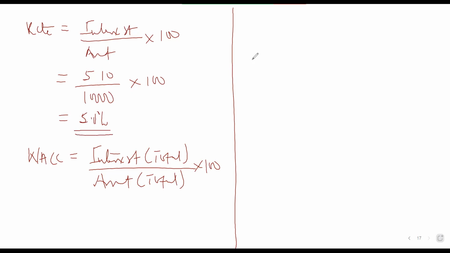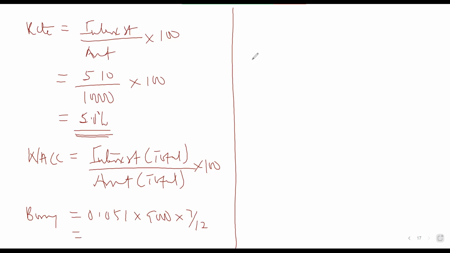So the WACC, the interest rate, is now 5.1. But how much was used on the warehouse? 9 million. So if we want to pay interest on the 9 million, the interest will be 0.051 times 9,000 times 7/12, because this was used for only 7 months.